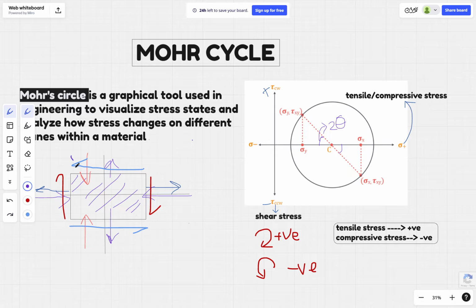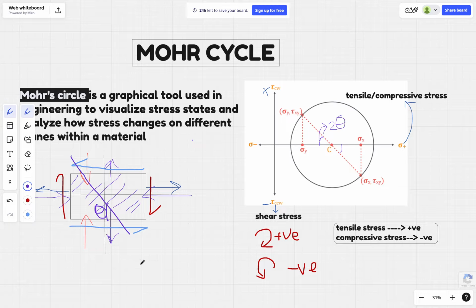If we make an angle with it, this will be theta. That is the angle between the principal stress and the inclined plane, where we want to determine the force against this plane.